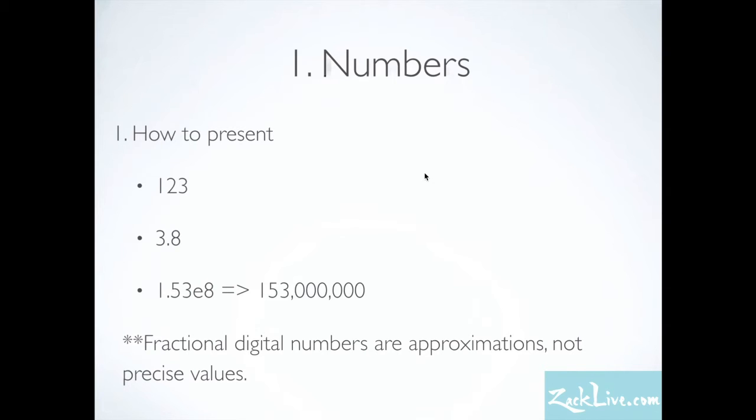The other way is the mathematical way of presenting large numbers with an E at the end. I believe you have learned this in high school, right? The most important thing you need to know about numbers is that numbers with decimal points are not precise values, so you cannot use them for precise purposes. We will see more examples later about this point.